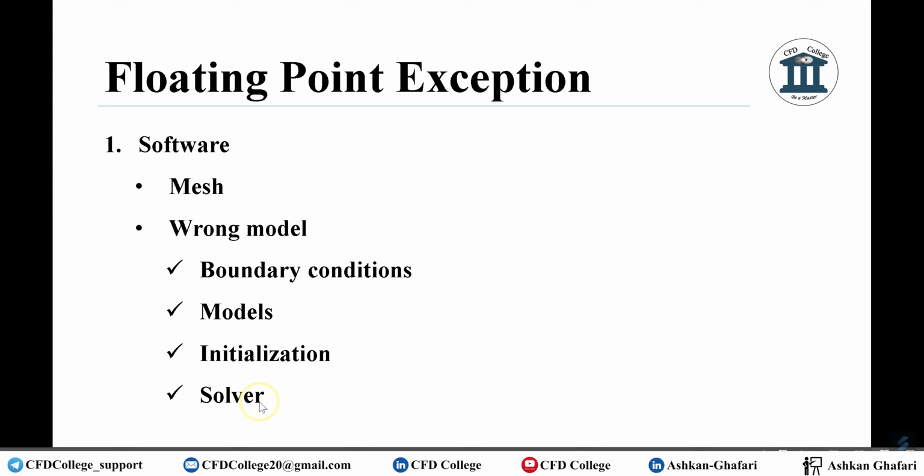For discretization order, you should choose second order most of the time, but if you get this floating point exception error, you can change it to first order and let the run go for some iterations, and then stop it and modify the discretization to second order.